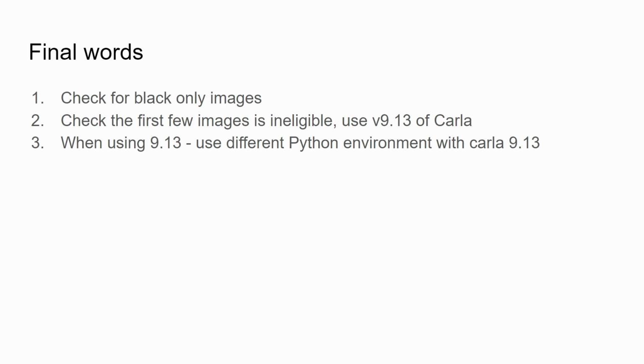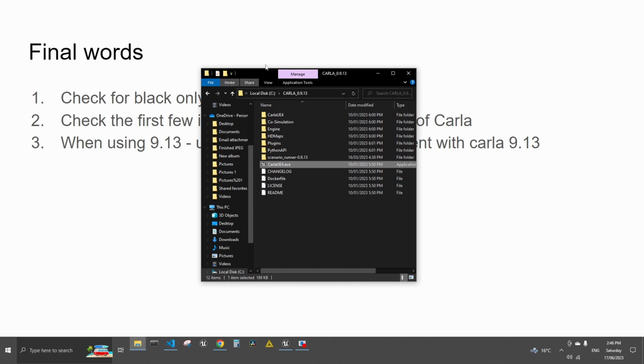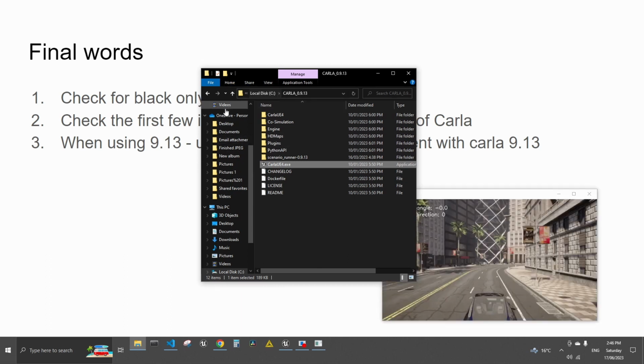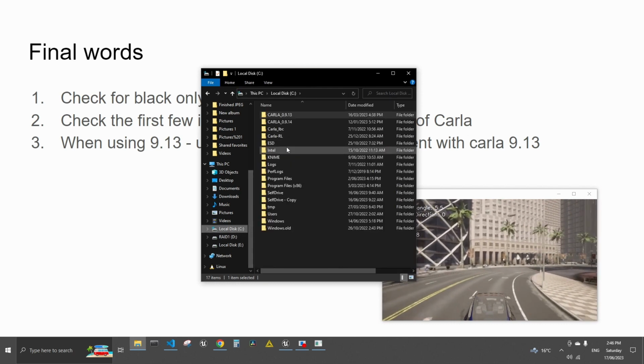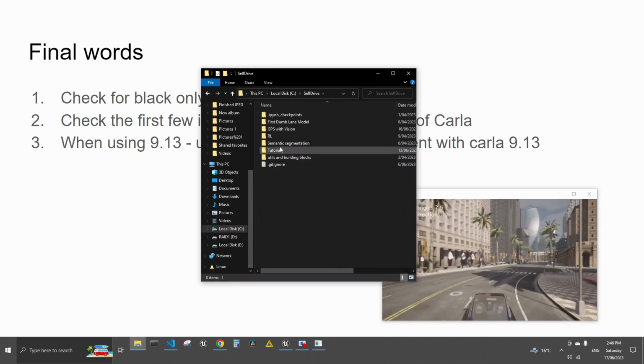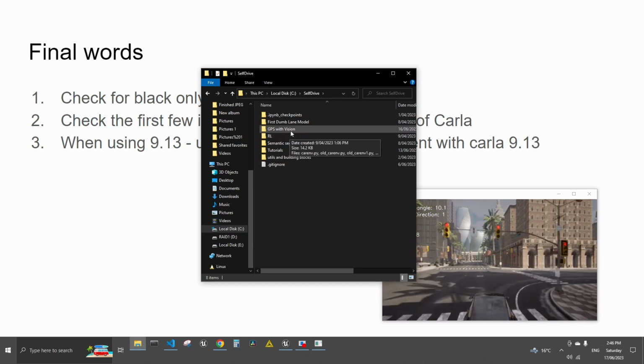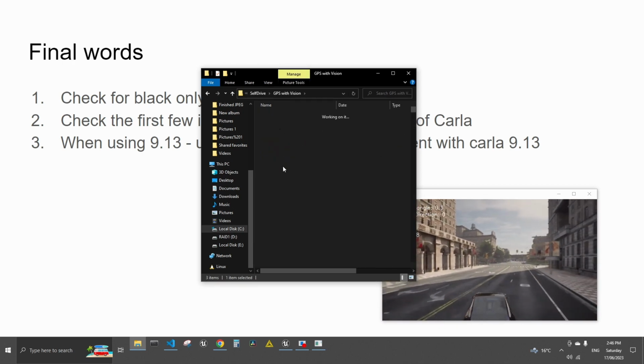The other check that you may implement here is, as you start generating images, just check a few of them to make sure they're legible.